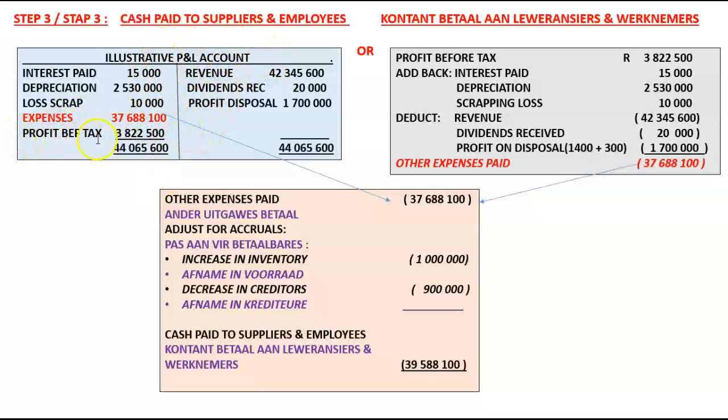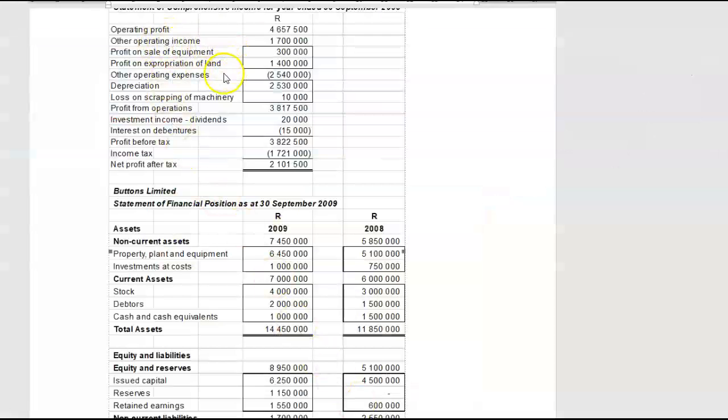So we're going to start there as well with profit before tax, which will be indicated on the debit side because it is a profit, 3,822,500. Now we're going to adjust it for all non-cash flow items. Now they gave us a lot. They gave us total depreciation, which we can use as is. They gave us the profit on the sale of equipment and the profit on the expropriation of the land.